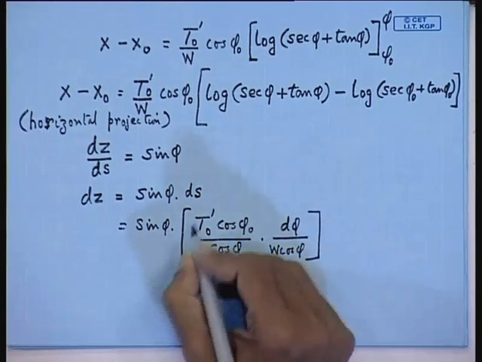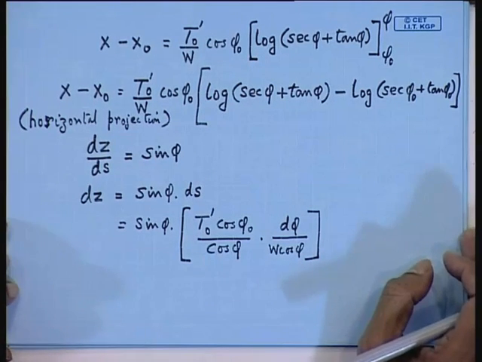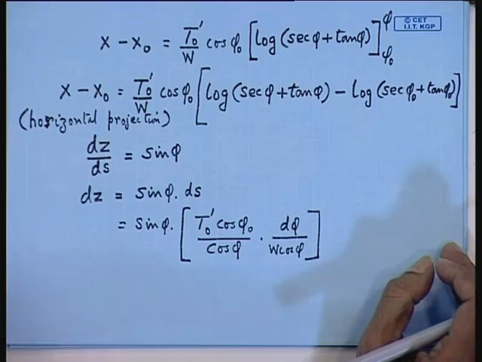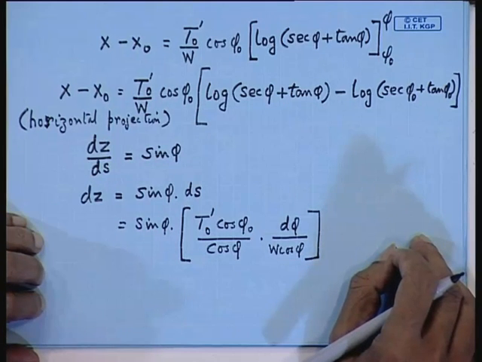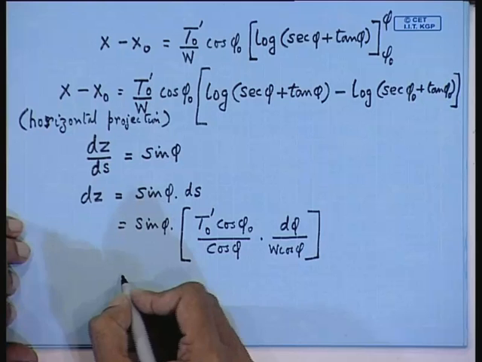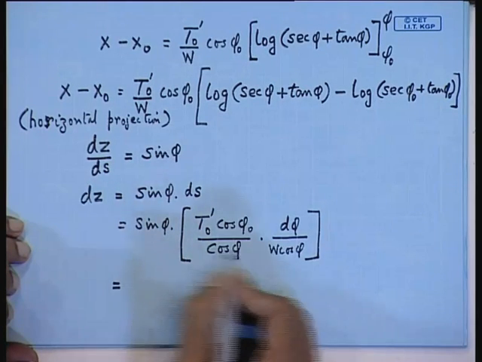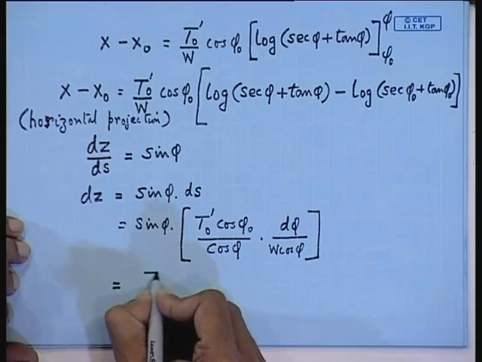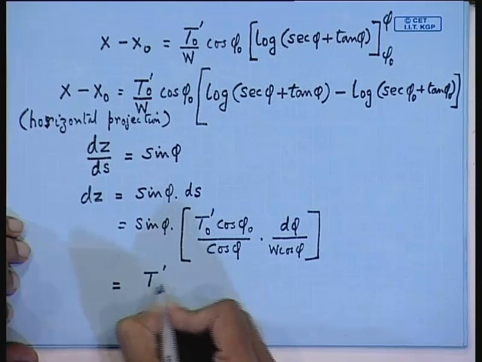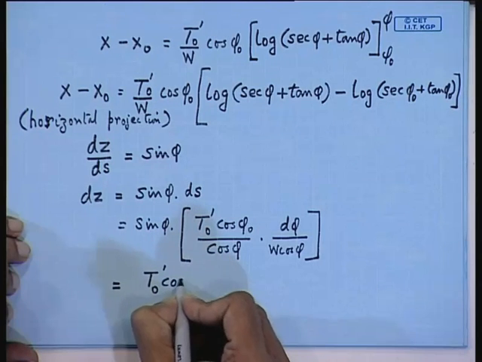This is the expression for ds. Is it right? Now what is coming? You take your constant terms outside, divided by cos phi naught.